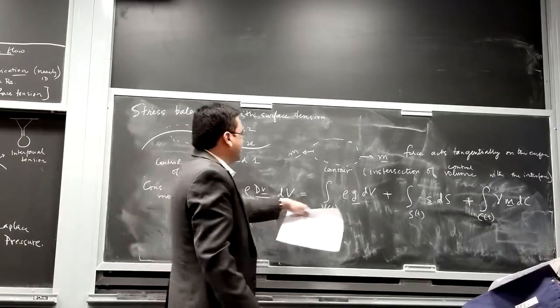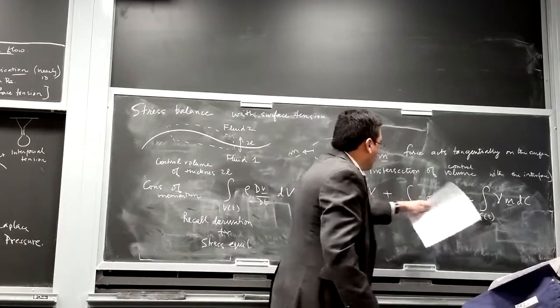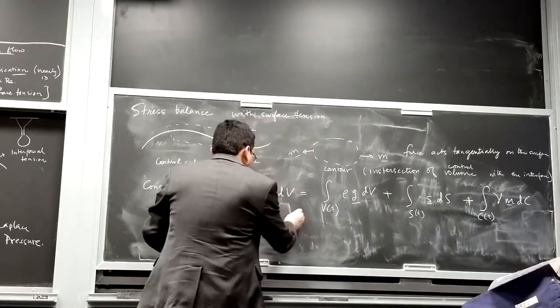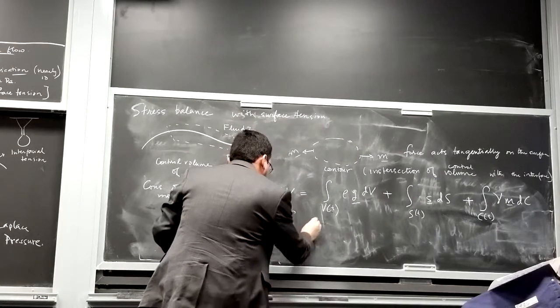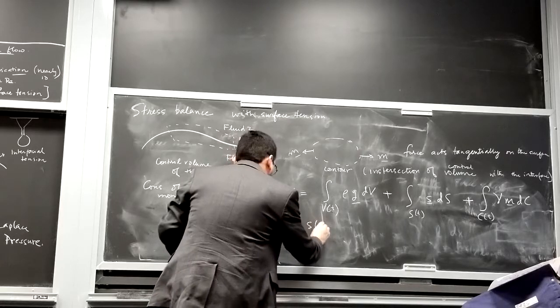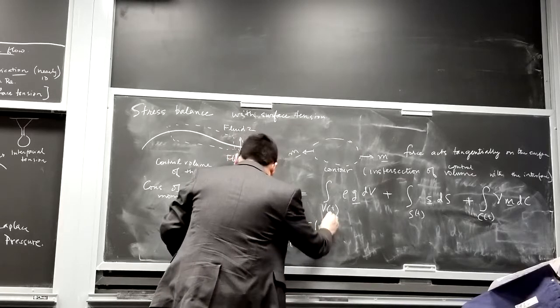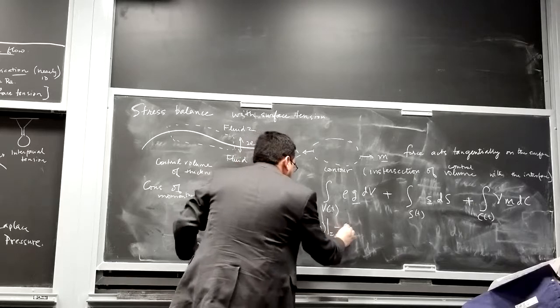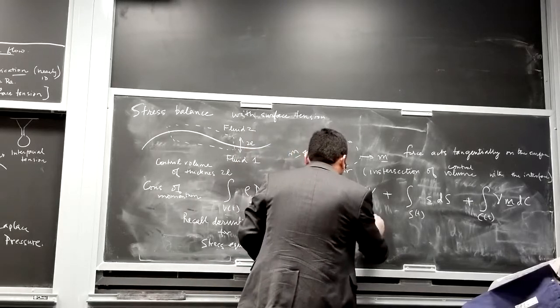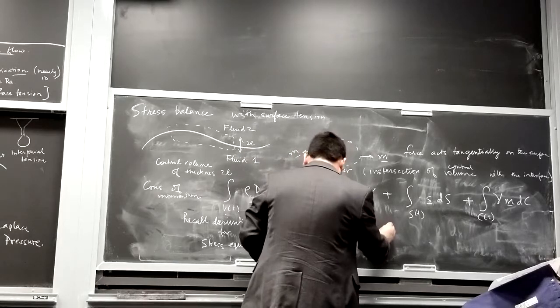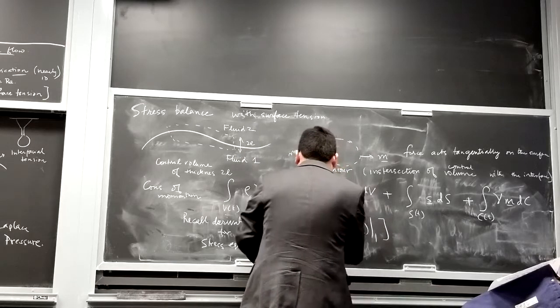These two terms drop out, this term remains, and it becomes S of n in 2 minus S of n in 1 dS.